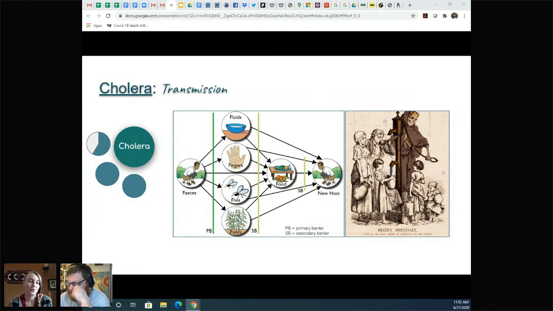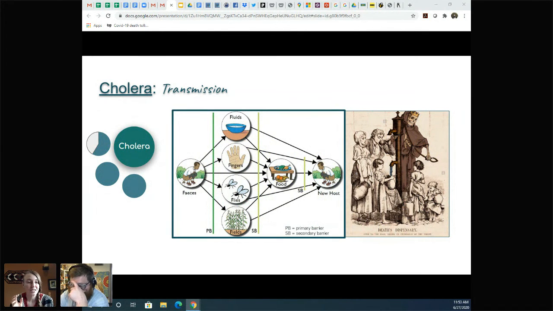It's transmitted from somebody with cholera shedding those bacteria from their gut, and if they're not washing their hands, or if they're going to the bathroom into an environment where that feces or vomit can get into the water supply or into the food supply by, say, spreading human manure on fields, then it ends up in the food supply, ends up in the water supply, and then people drink it and introduce it into their own gut.